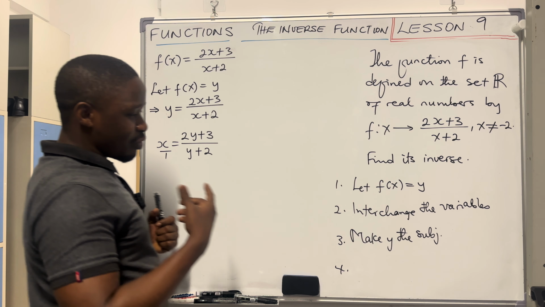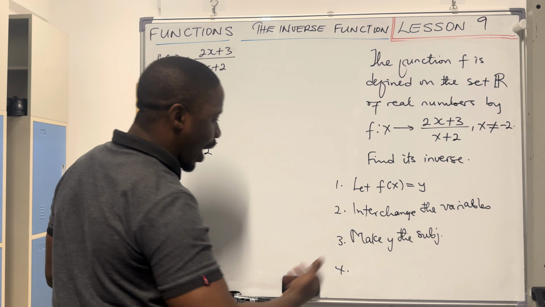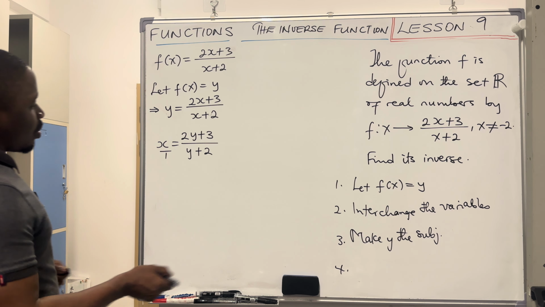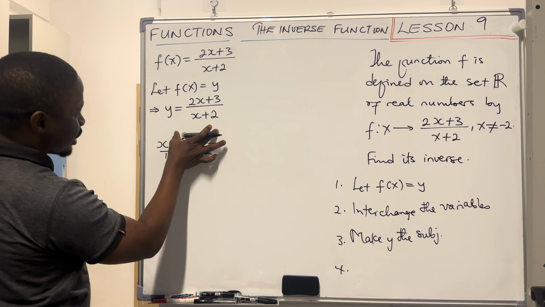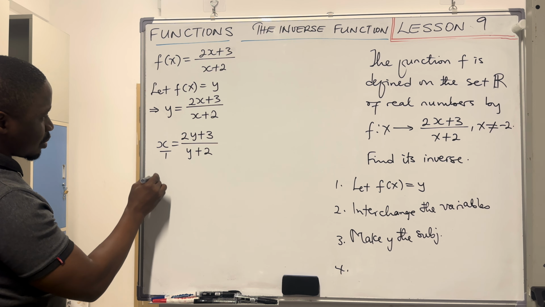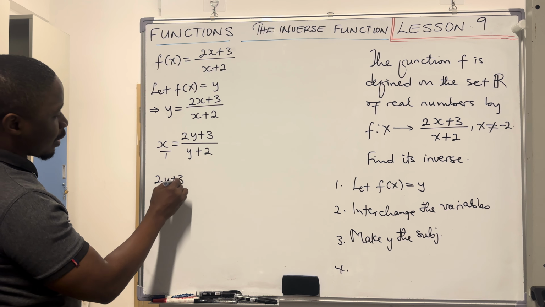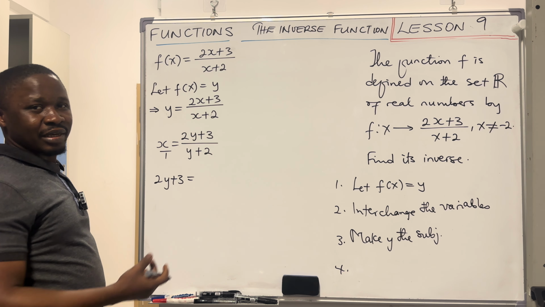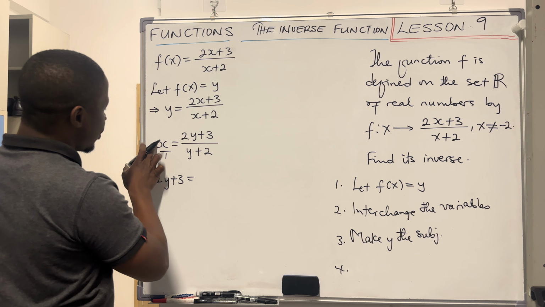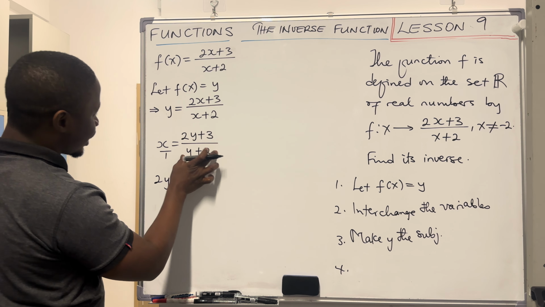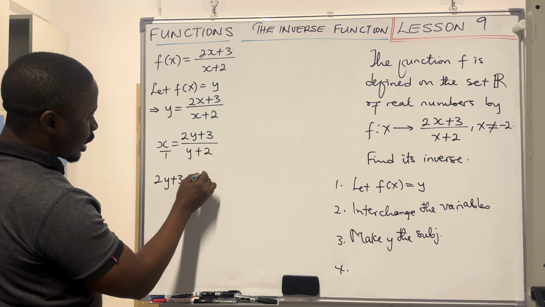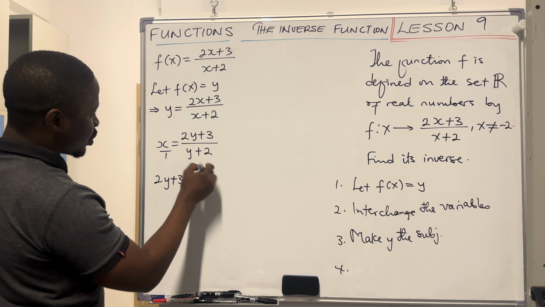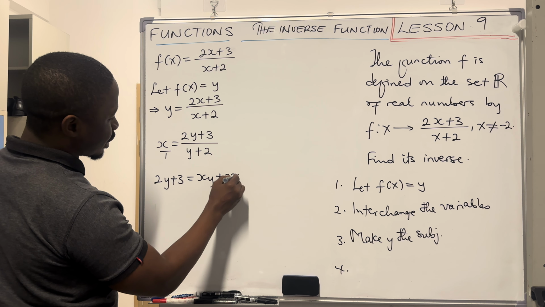To do that, we cross multiply. You can choose to start this way or that way, it doesn't matter. Remember, when you multiply anything by 1, it's just that thing. So 1 times this is 2y plus 3. If x is multiplying this, x times y is xy, and x times 2 is plus 2x.